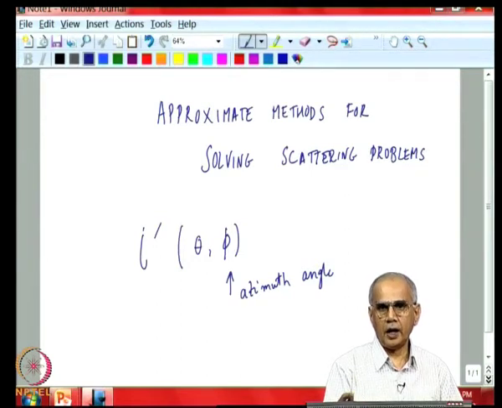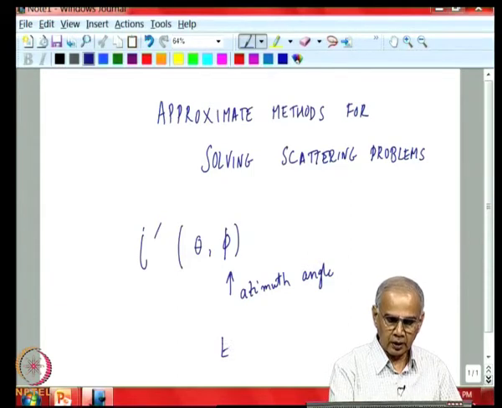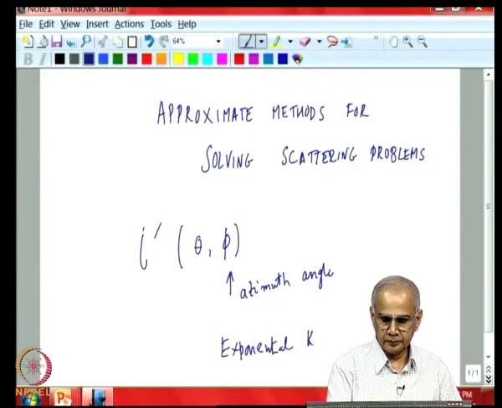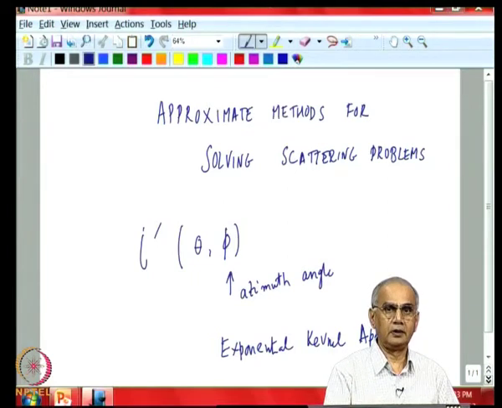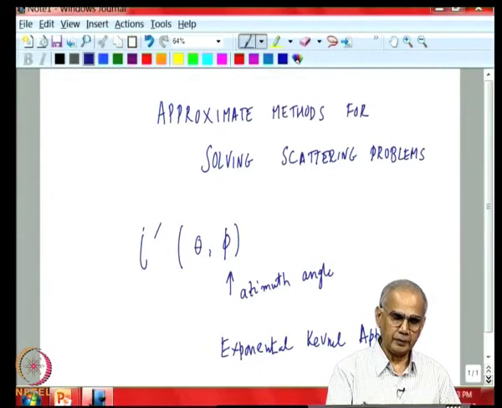So, the angular variation was accounted through exponential kernel approximation, which turned out to be quite adequate to deal with problems involving emission and absorption. But when it comes to scattering, these problems cannot be ignored. The angular variation is a critical factor in the case of scattering problems, and you need to carefully account for the direction in which the rays are going.